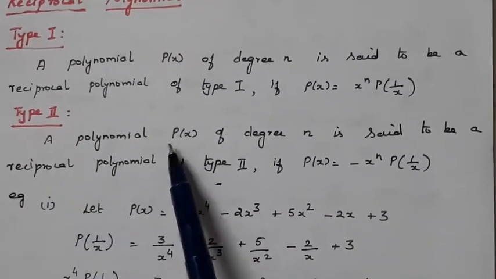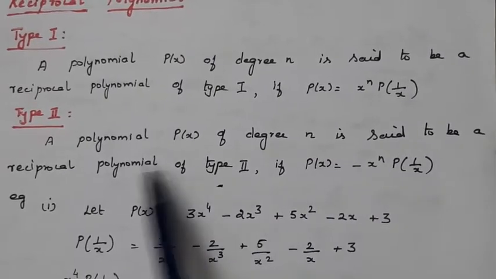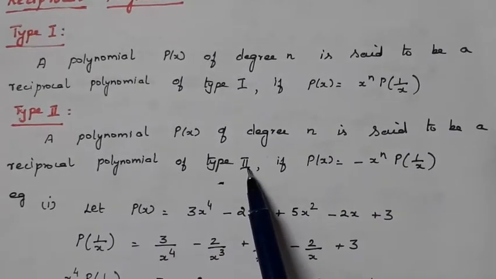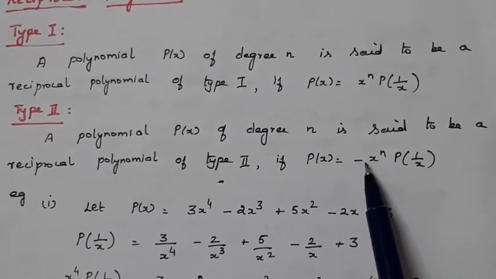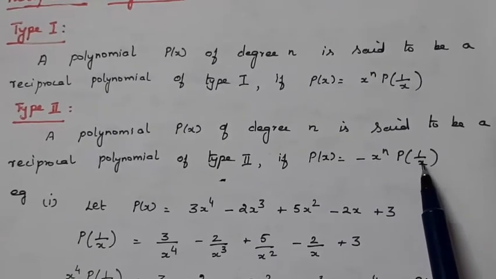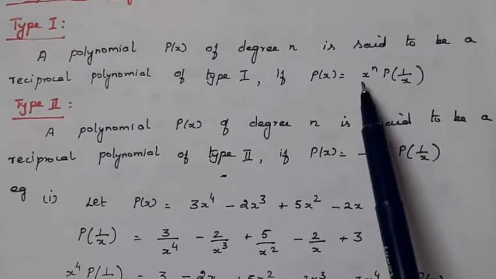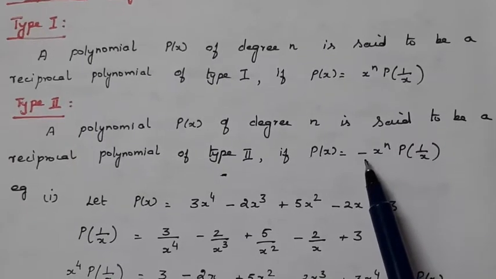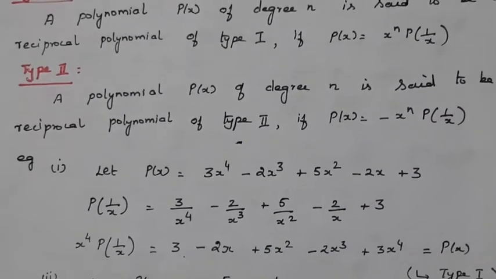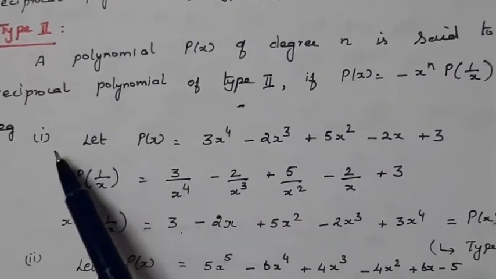So, a polynomial p of x of degree n is said to be a reciprocal polynomial of type 2 if p of x is equal to minus x power n into p of 1 by x. If it is positive, it is of type 1, and if it is negative, it is of type 2. Let us explain this with examples.